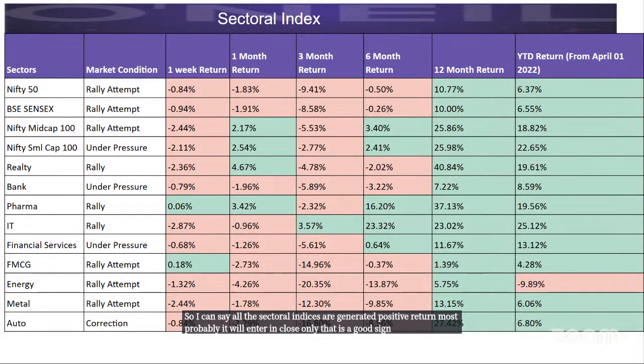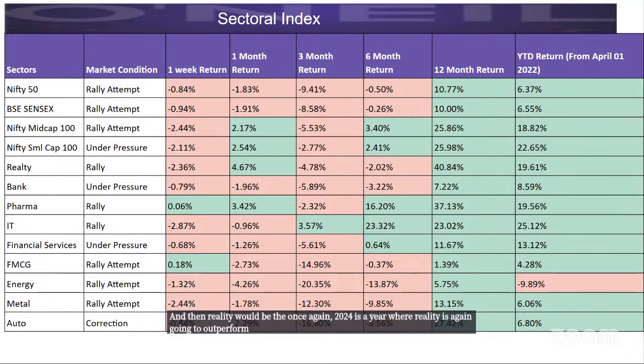If I talk about Nifty and Sensex, one can expect around 10% or more than 10% return. And then realty, once again 2024 is a year where realty is going to outperform.